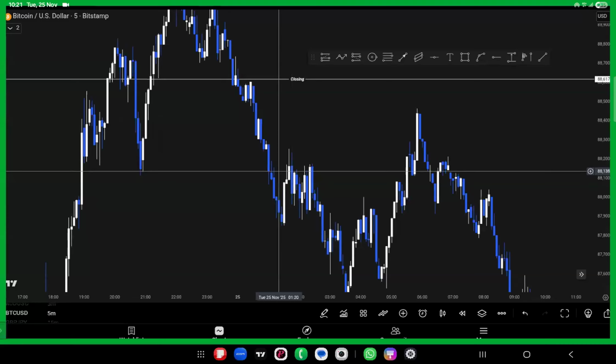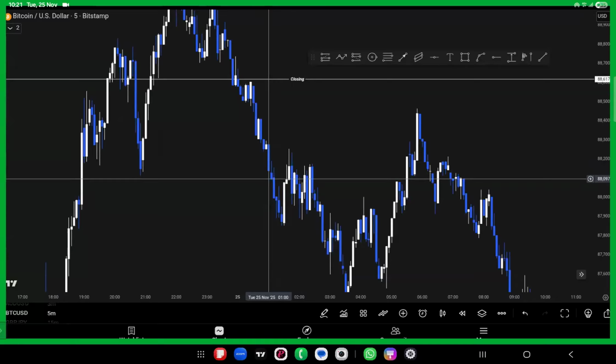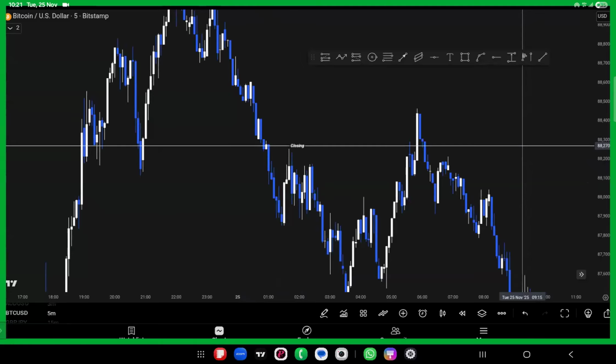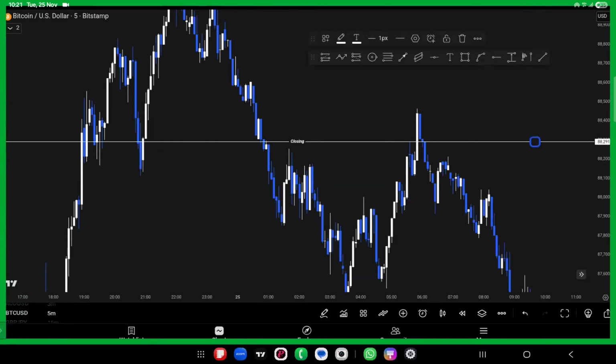Okay, 1 o'clock, sorry. It's a bearish candle as well, so it will open at the top. So now let's check this one.